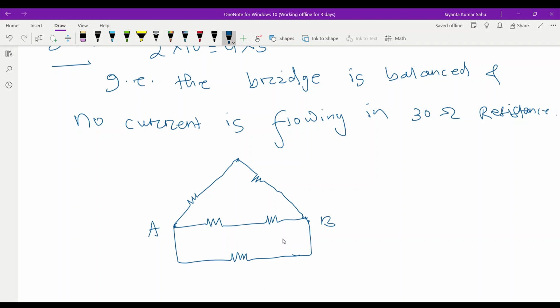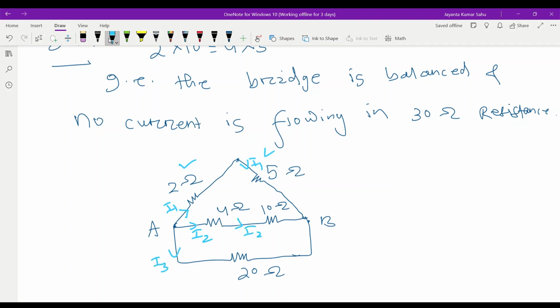A, B, here 2 ohm, 5 ohm, 4 ohm, 10 ohm, 20 ohm. Now this 2 ohm and 5 ohm are connected in series. Let I1 current be flowing, the same I1 current flowing in the 5 ohm resistance. Here I2 current is flowing, the same I2, and here I3 current. The 2 and 5 are in series, and 4 and 10 are in series.